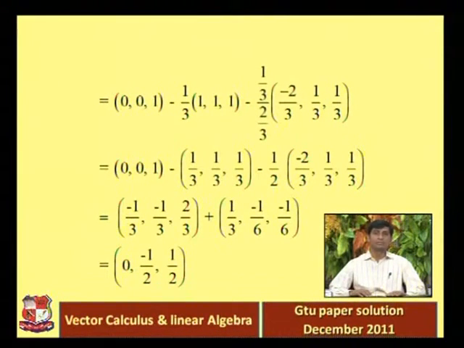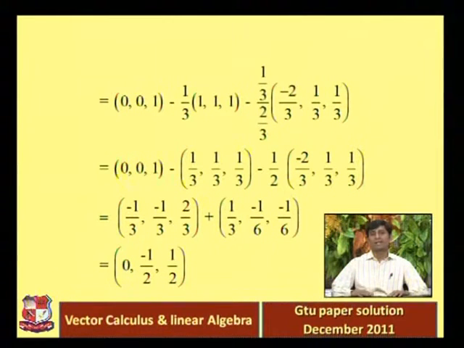So (0 0 1) minus (1 by 3, 1 by 3, 1 by 3) minus 1 upon 2 by 3, that is 1 upon 2 into (minus 2 by 3, 1 by 3, 1 by 3). Solving this equation, we get 0 minus 1 by 3 minus 1 by 3, 0 minus 1 by 3 minus 1 by 3, 1 minus 1 by 3, that is 2 by 3.